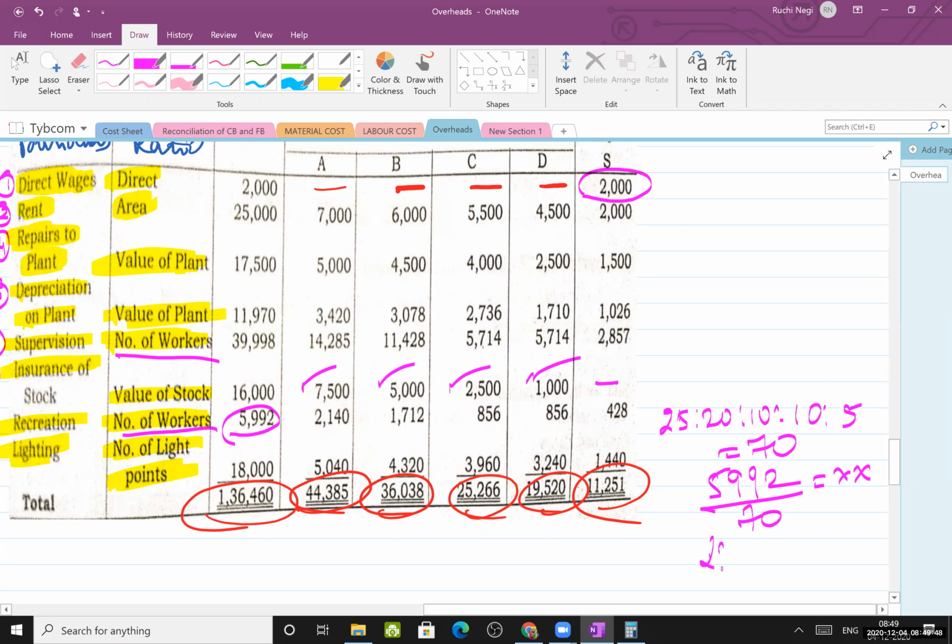Okay, type 25, press equal to 2140. Type 20, press equal to 1712. Type 10, press equal to 856. Type 5, press equal to 428. Okay, this is how it's done.